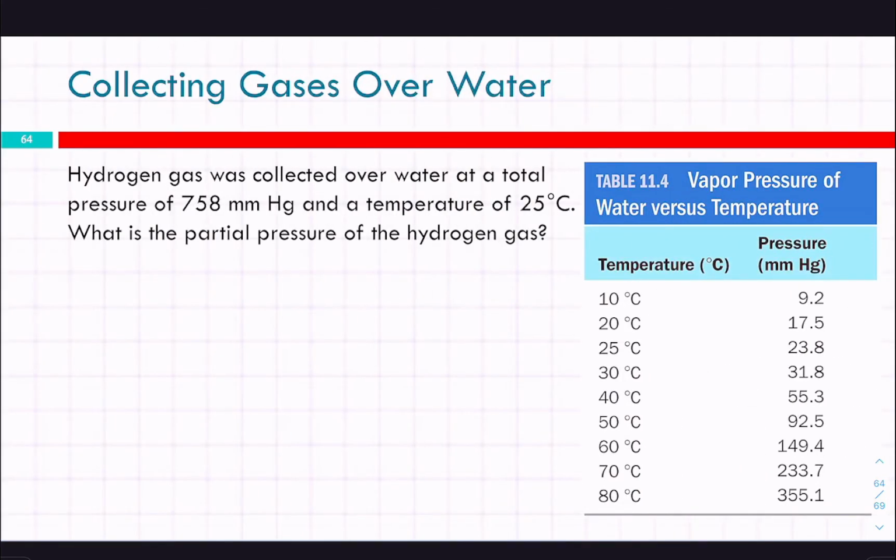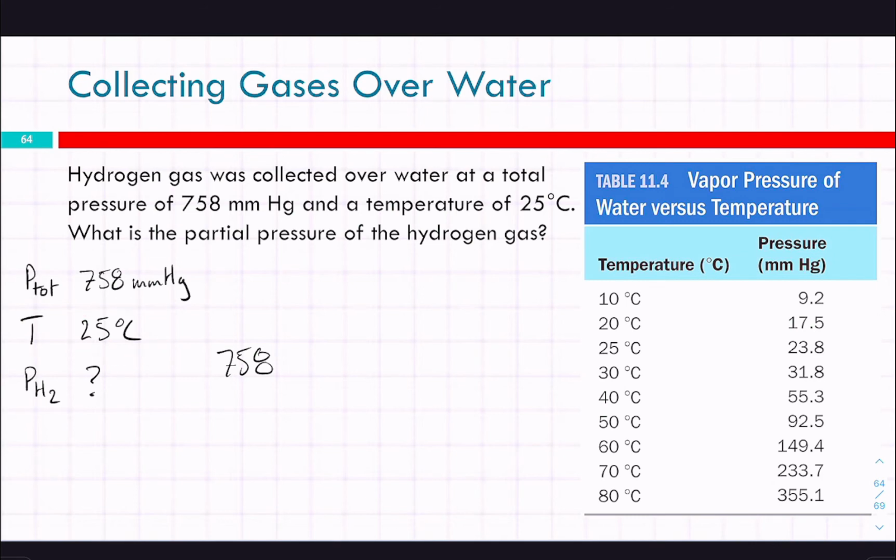So if hydrogen gas is collected over water at a total pressure of 758 millimeters of mercury and a temperature of 25 degrees C, what is the partial pressure of hydrogen gas? It's 758 minus 23.8. We can just look up this value.